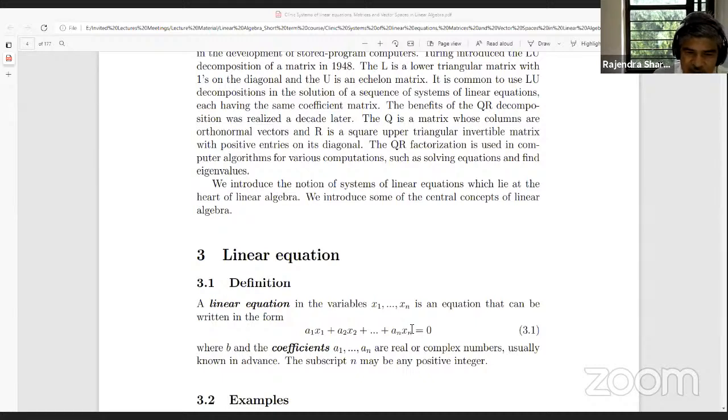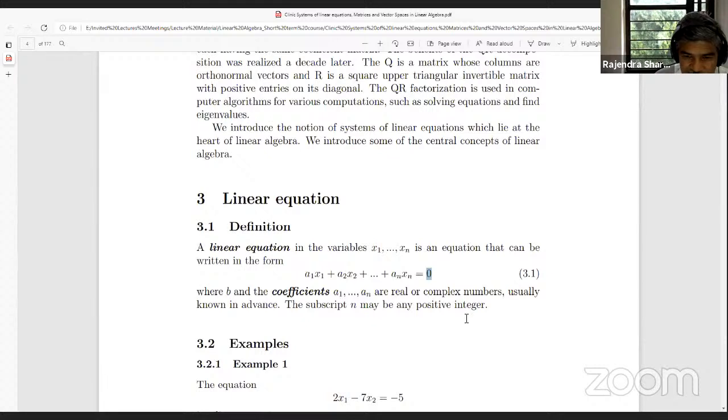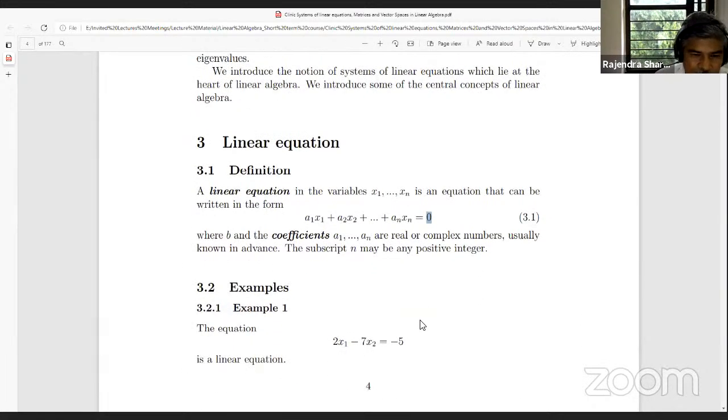This is a misprint in the slide, this should be b, not 0. Here b and the coefficients a1 to an are real or complex numbers, usually known in advance. The subscript n may be any positive integer. When we say any positive integer, it automatically means finite.